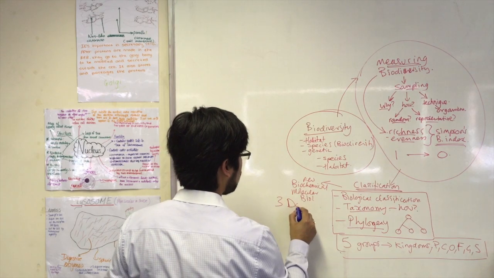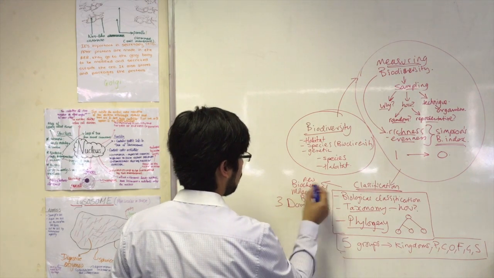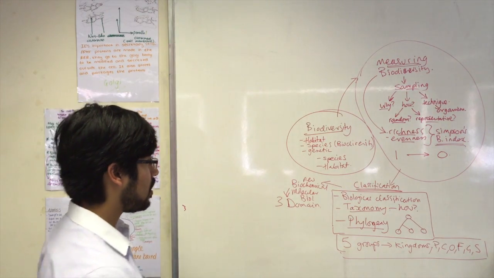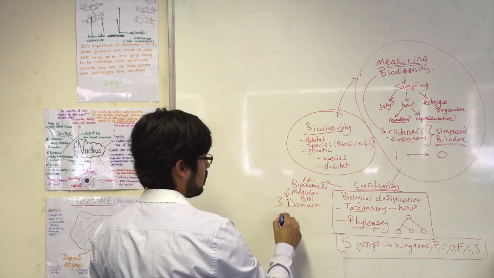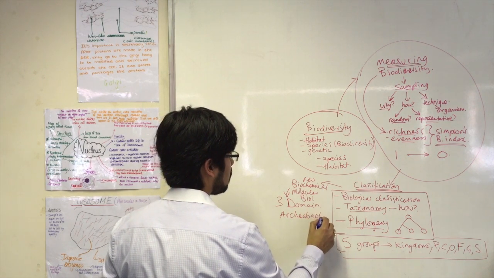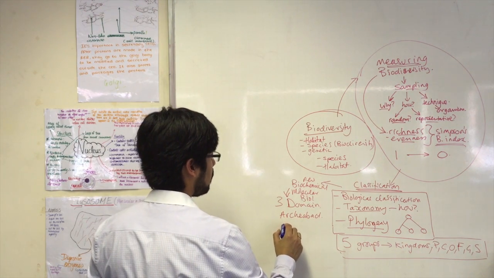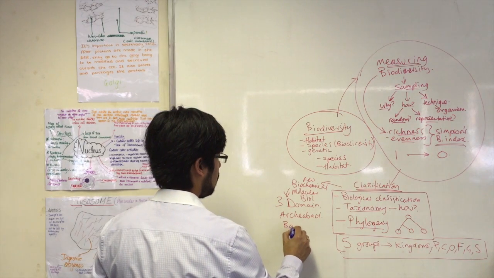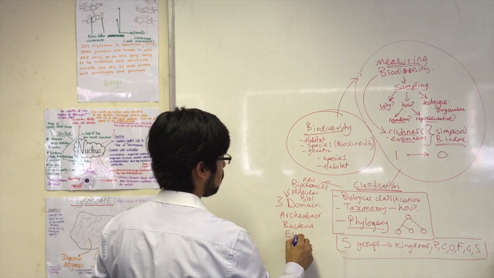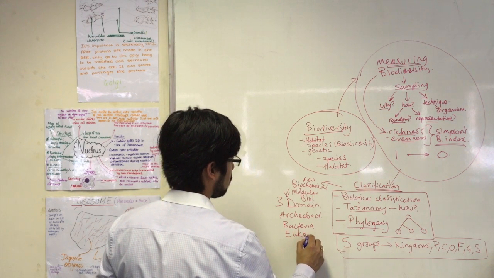So 3 domains. So based on new biochemical and molecular biology evidence, we have 3 domains. We now group the archaea or archaebacteria differently from the bacteria, which are again different from the eukaryotes.